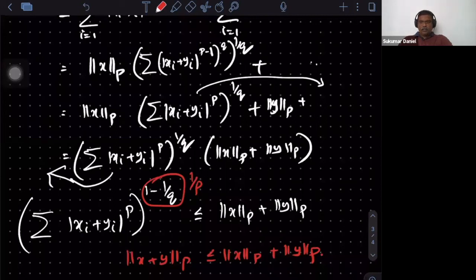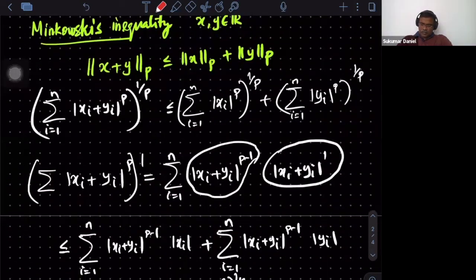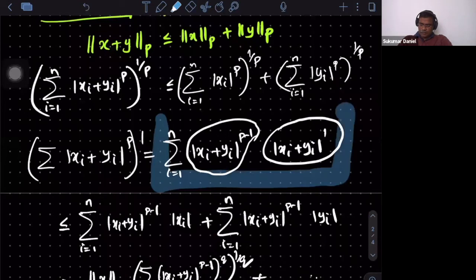So all you need to actually remember to get Minkowski inequality: we could derive the Minkowski's inequality from Hölder's inequality. The only thing that you need to use is that given a term, you split it into two parts. So this will be a recurring theme in many places again. It's another kind of mathematical tool. So if you remember only this part of the whole proof, the crucial part is only this much: splitting.